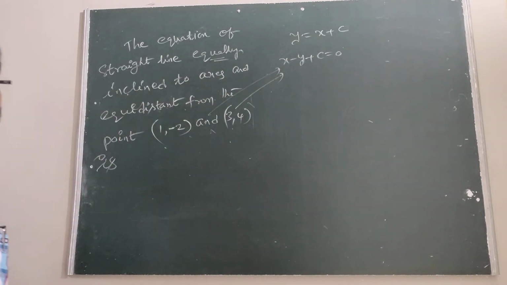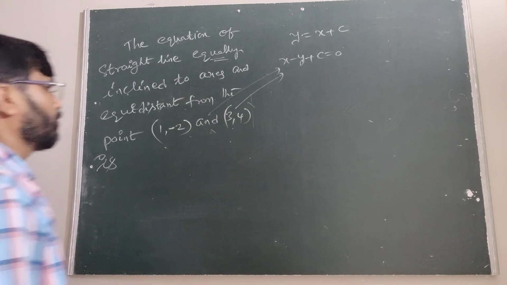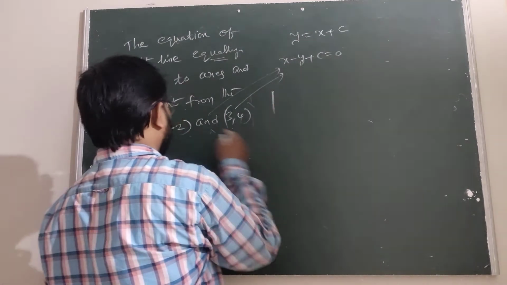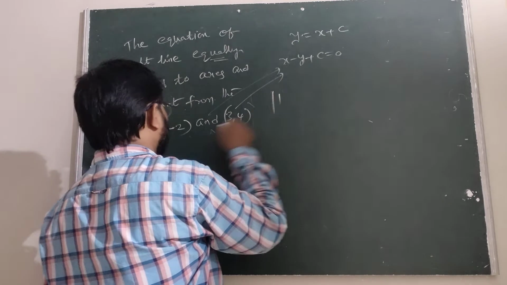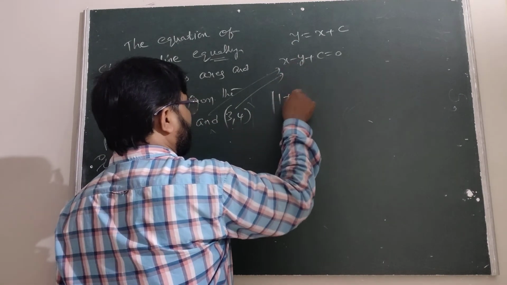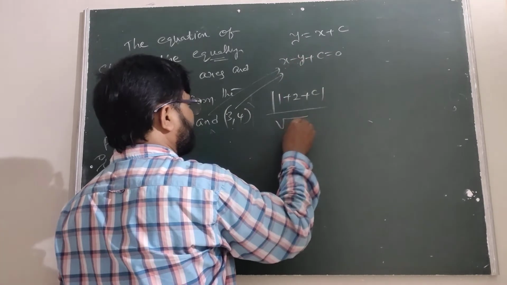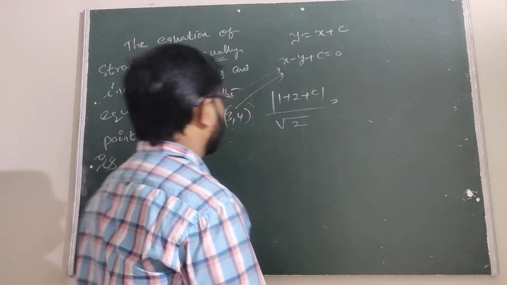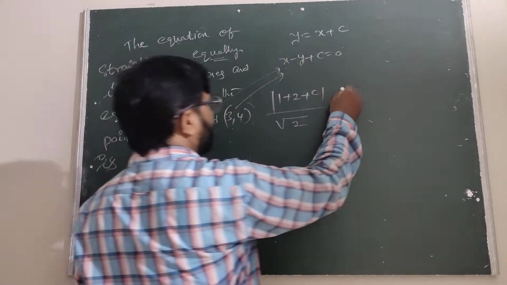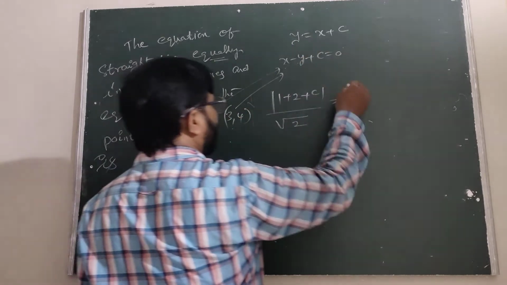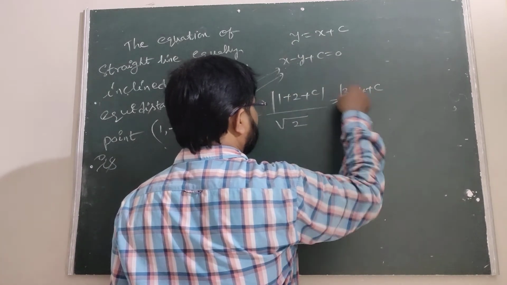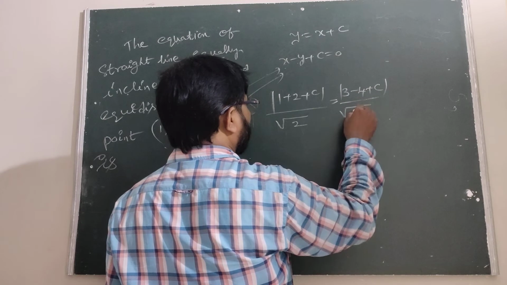That line will be equidistant from the given points, so the modulus of, put x equal to 1, y equal to minus 2: 1 plus 2 upon root of 1 plus 1, which is root 2. Now taking x equal to 3, y equal to 4, plus c upon root 2.